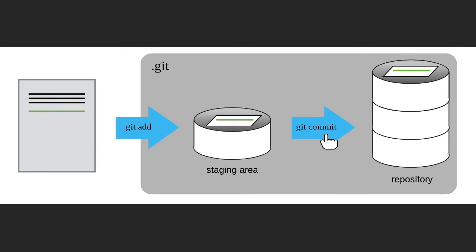Then I type a git commit and the changes are added to the repository. So that's why we have two steps. We have a staging area that is where we save changes, and once that we are happy with the changes, we can commit them to the repository here.